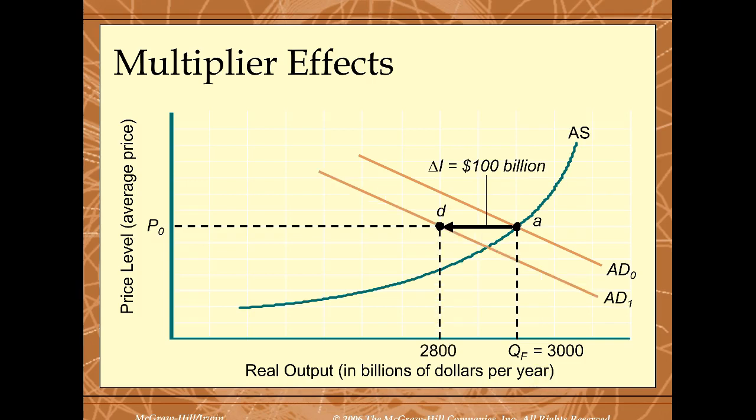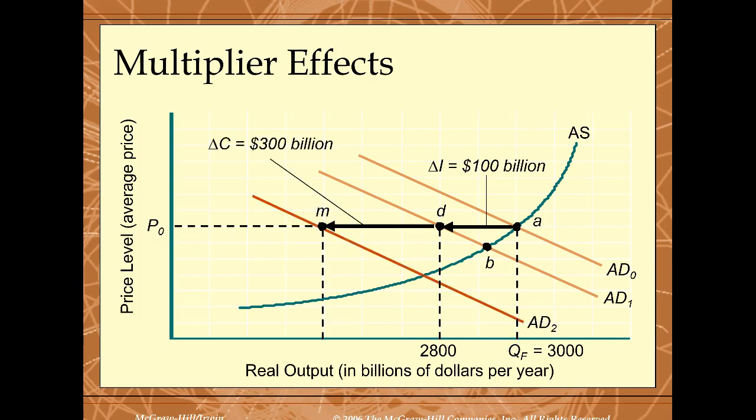But this is not the end effect, because this starts a cascade of effects, the multiplier effect, and the overall shift is going to be much larger. It's going to shift a total of $400 billion, another $300 billion more over here. So output doesn't drop to this level. It drops to this level, the new equilibrium right here.